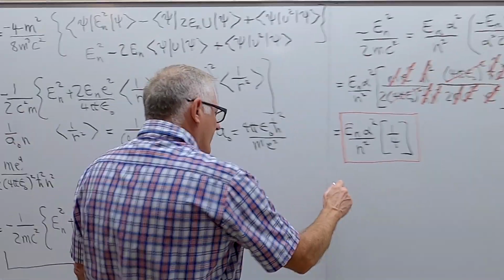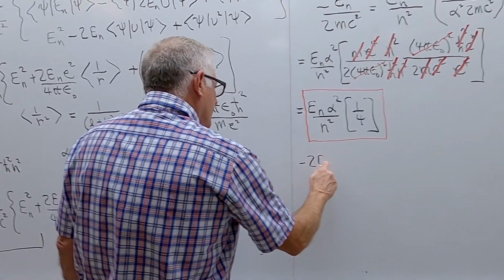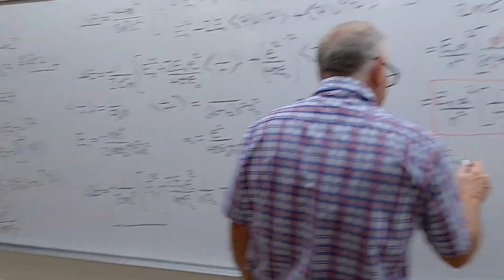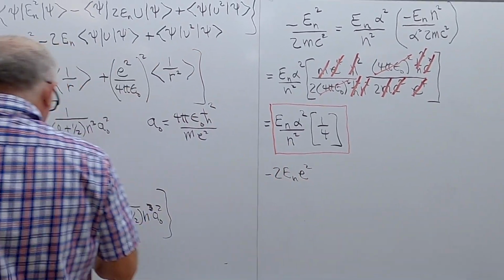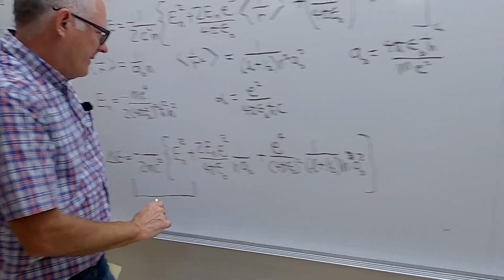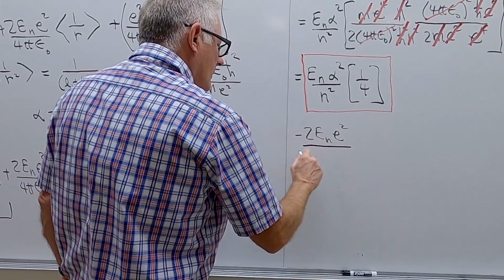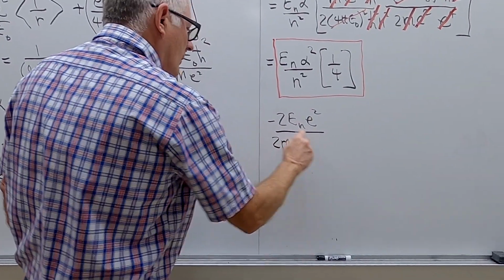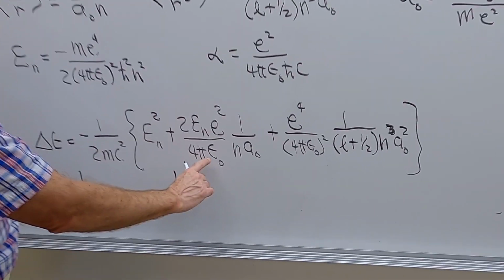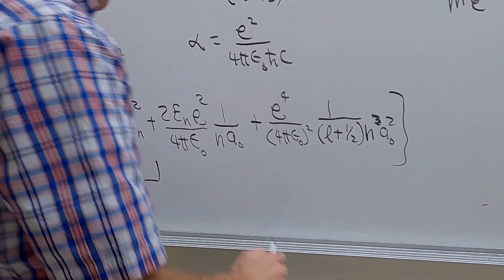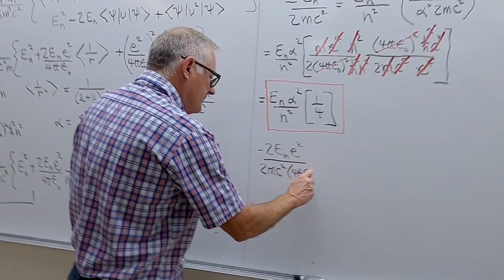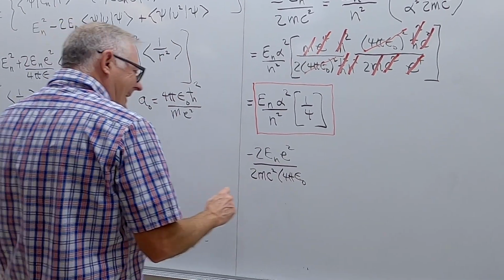So we got minus 2 e sub n e squared all over 2mc squared c squared. And then we still have the 4 pi epsilon naught n a naught.